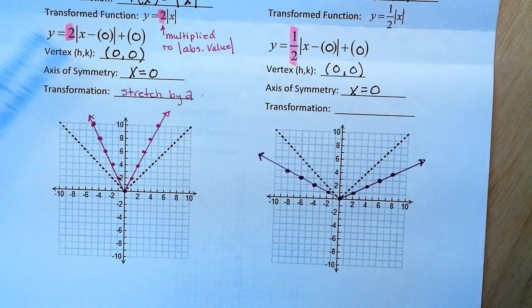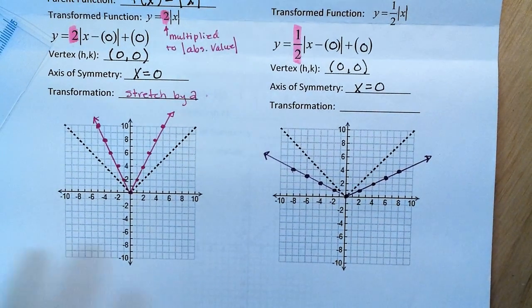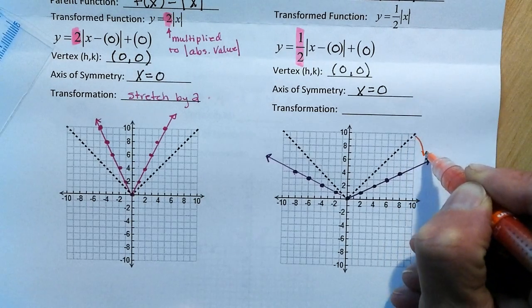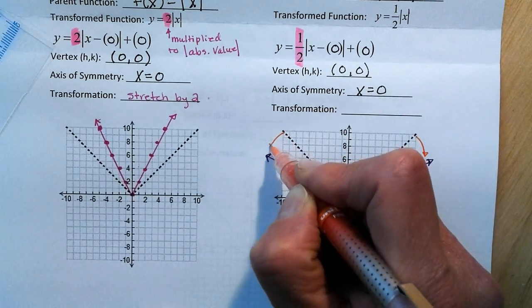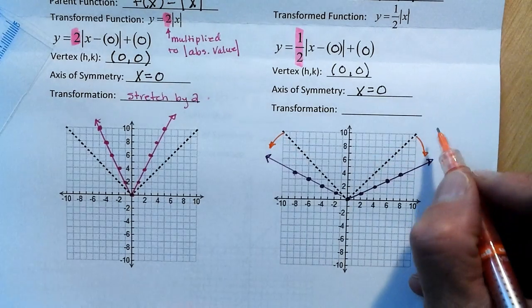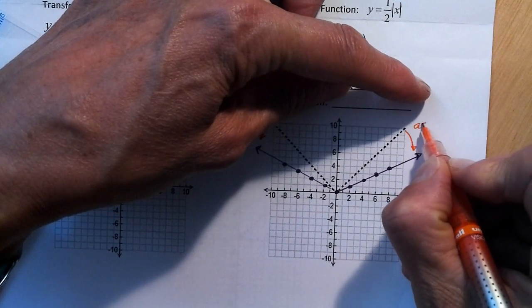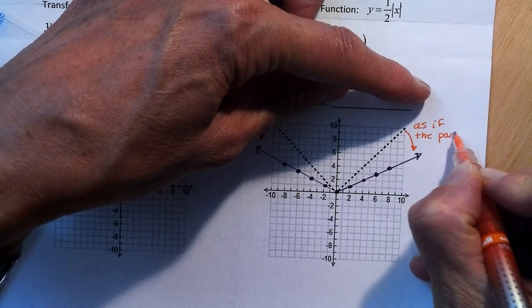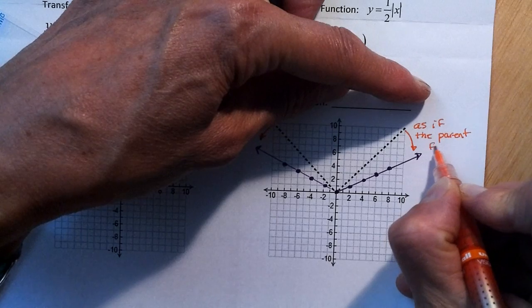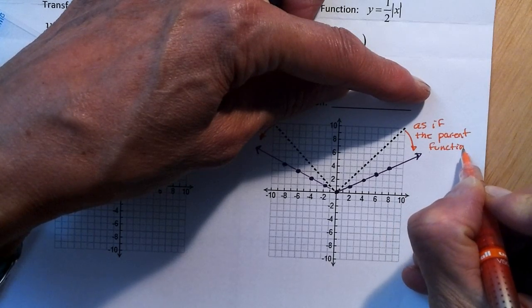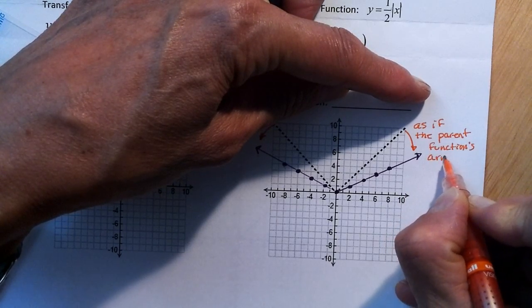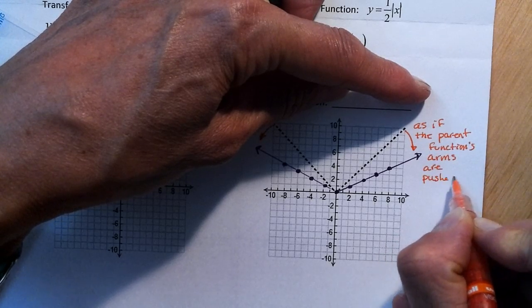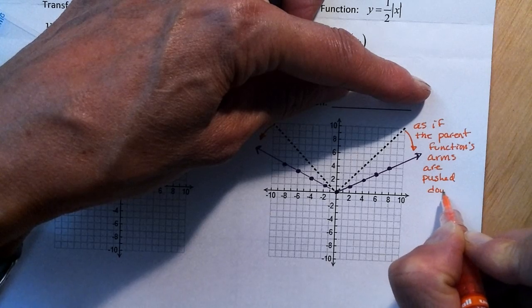So you can see here that if I were to take the parent function and push it down, it's as if the parent function's arms are pushed down.